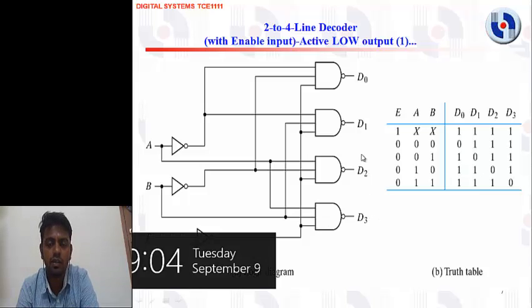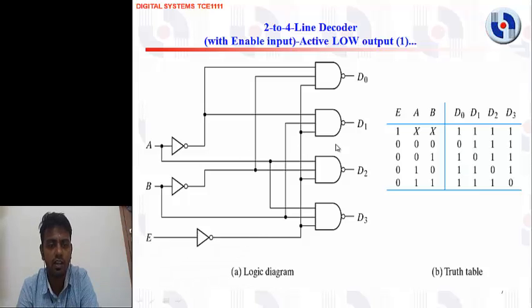So initially we are having 0 0 for A and B. Then for the D0 AND gate, both inputs are 0, so not all inputs are high, and it is giving 0 output.